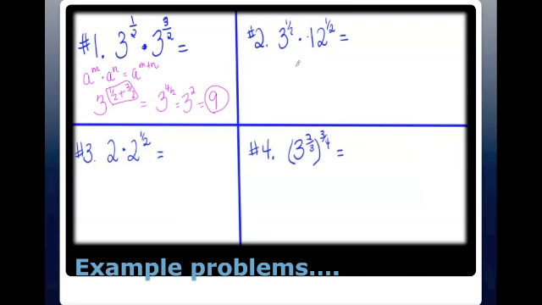Here's another one where it looks like we can use that same rule. However, our bases are not the same. I can rewrite it to be 3 to the 1/2 times 3 times 4 is 12 to the 1/2. Then I can distribute my power.